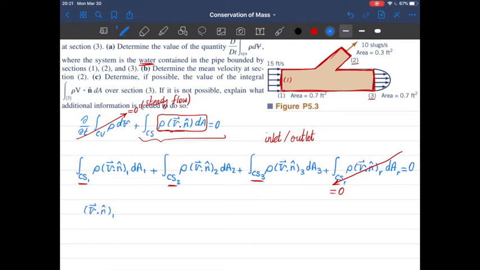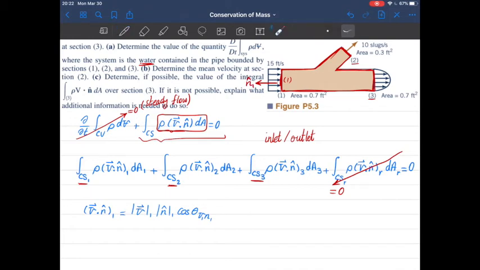For surface number 1, it is equal to the magnitude of the velocity at surface number 1 times the magnitude of the unit normal to the surface times cosine of theta, the angle between these two. Here at surface number 1, the normal to the surface always points outward, so this will be n1.